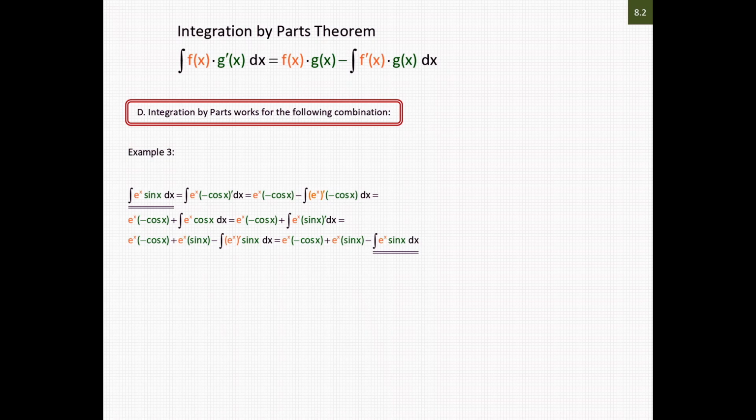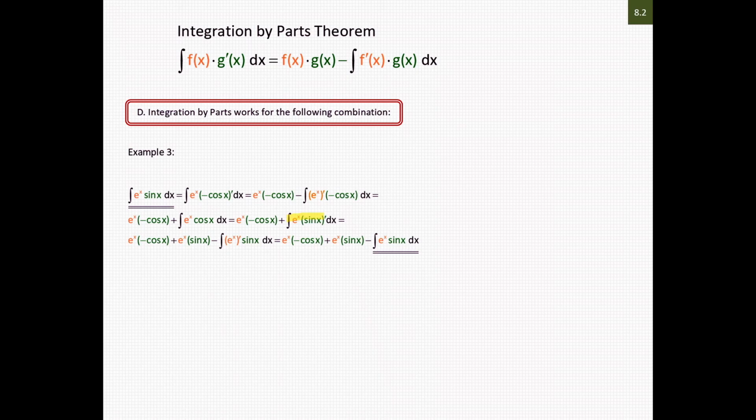The result is e to the x times minus cosine x plus the indefinite integral of e to the x times cosine x. To solve this last indefinite integral, cosine x is replaced by the derivative of sine x, and I'll apply integration by parts again.